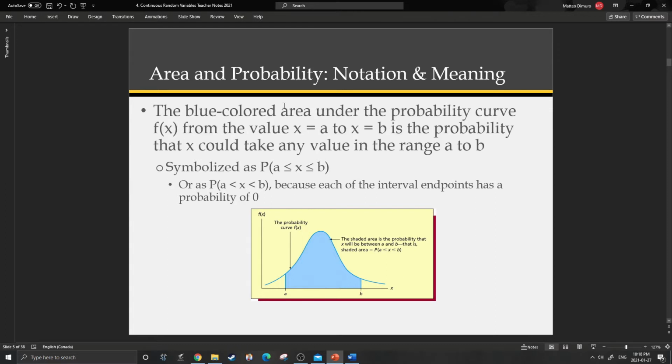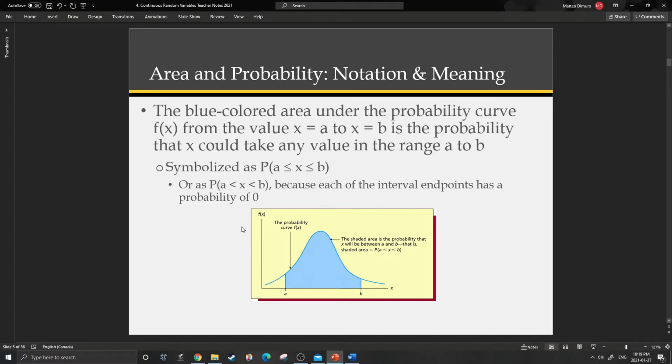And the blue colored area under the probability curve, f of x, from the value of x equal a to x equal b, that's the probability that x could take any value in the range of a to b. So you define two values on the curve and you calculate the area from one to the other underneath the curve, and that gives you the probability that x is going to land between a and b.